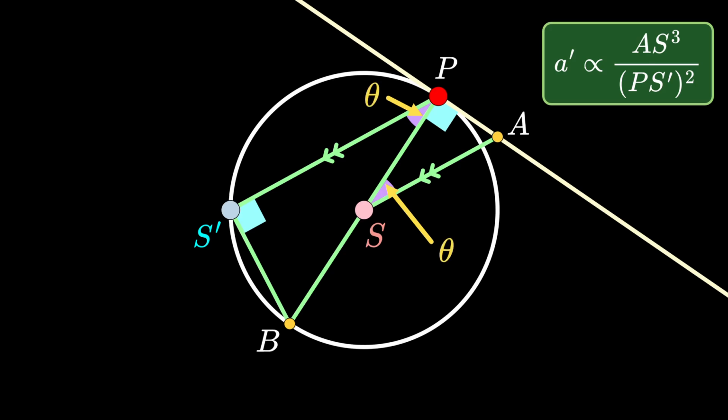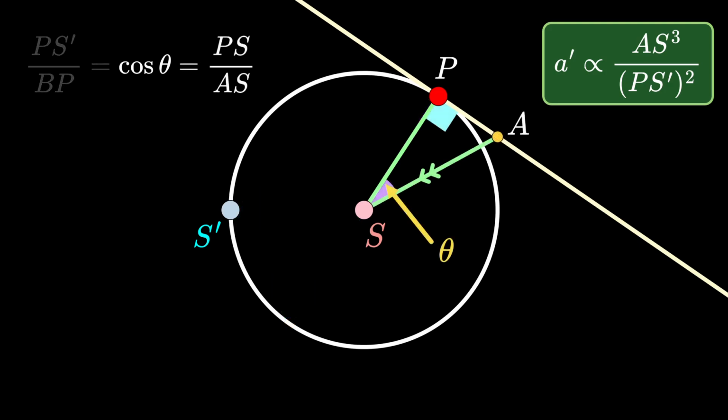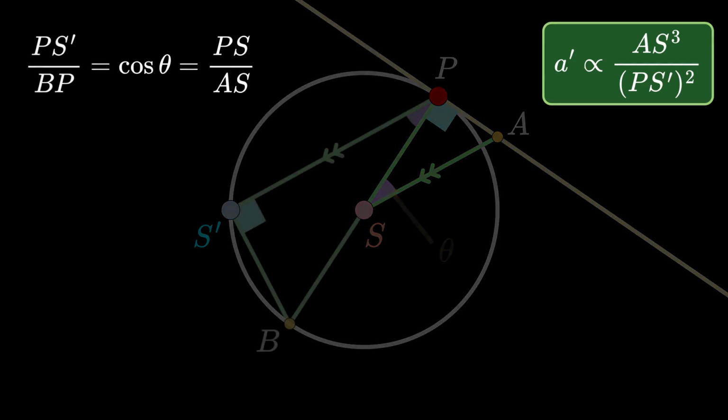Then there are two ways to write cos theta because of these two right-angle triangles. The first way concerns this triangle in a semicircle, and the second way concerns this triangle APS. This relation would imply, after cross multiplication, that AS times PS' equals PS times BP.